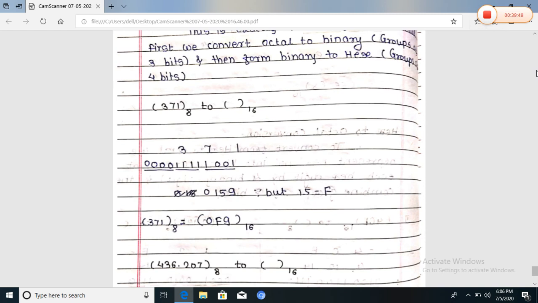Example 3711. The digit 1 is represented in the hexa number system as 4 bits, 0001.